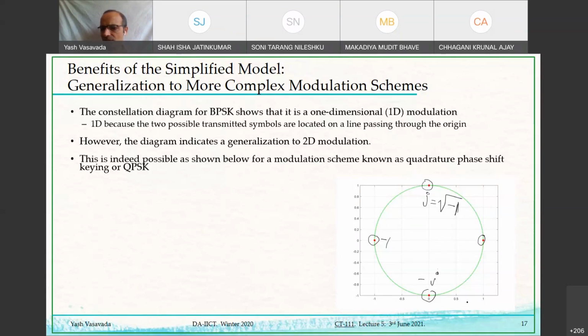So real. But in communication engineering, we sometimes also call it in phase. It's just a terminology, okay? Why it is called in phase, we don't need to worry about it too much. And this y-axis is imaginary, or it's sometimes also called quadrature phase.